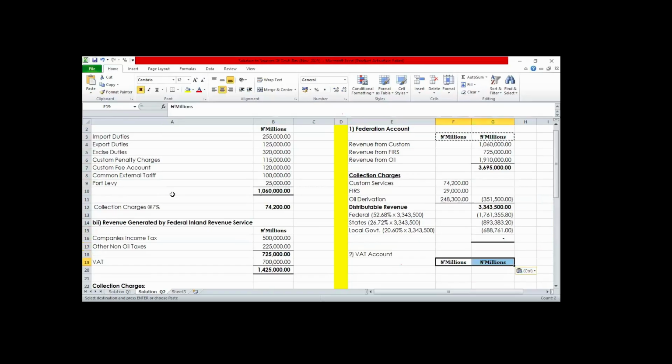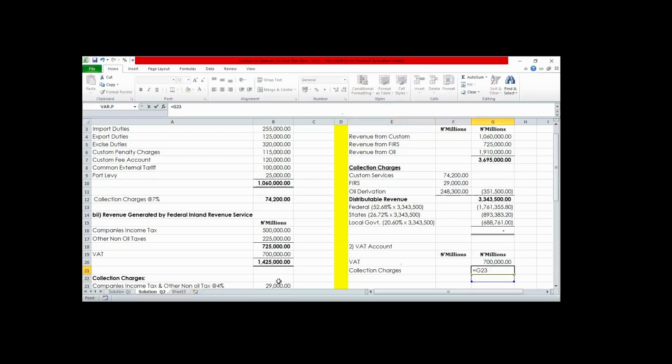Then value added tax collection charges. How much is the collection charges?